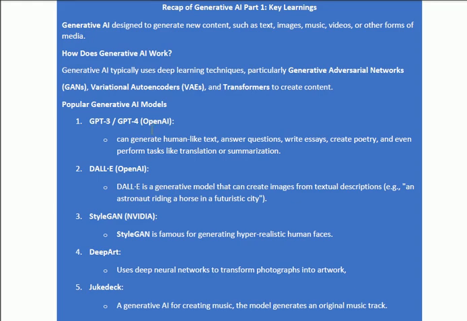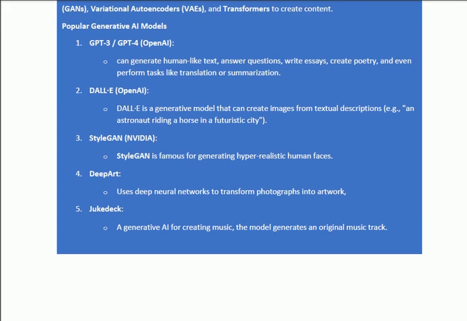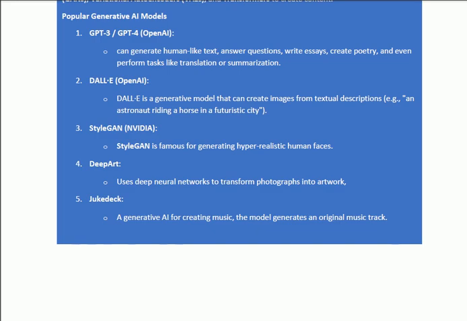Like in GPT-4 we create text apps, in DALL-E we create applications from the description of the text, and the other one is StyleGAN, for which we get photographs, and the last one is Udio, in which we create applications about music.